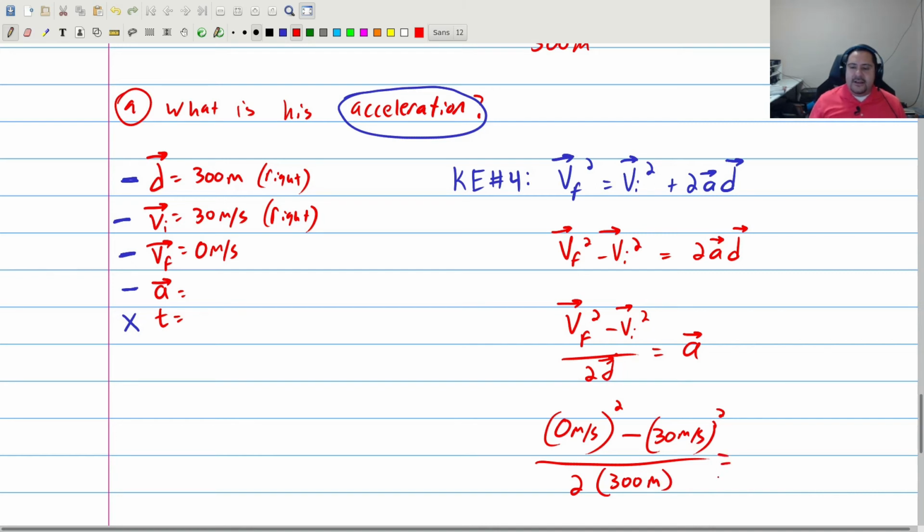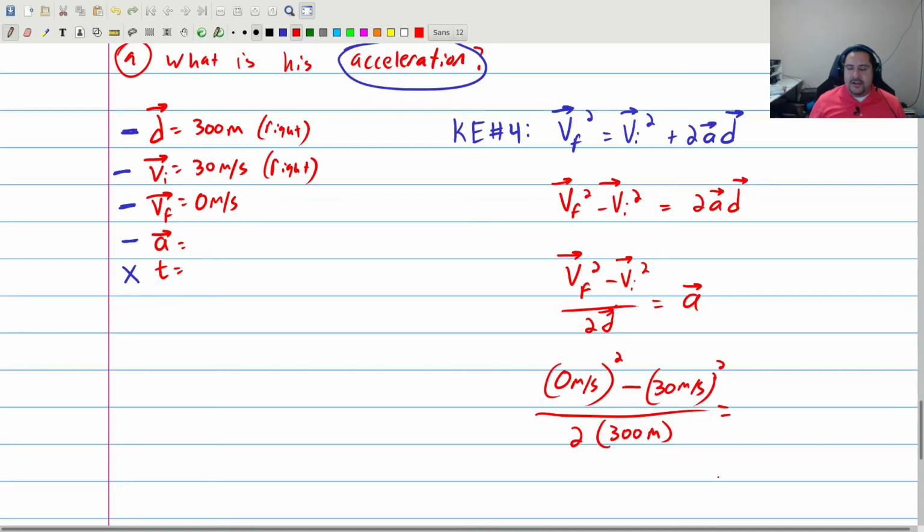Let's see, this is equal to, well, 0 squared is 0. 0 minus, let's see, 30 times 30 is 900 meters per second squared, and squared because both of those got squared, divided by 2 times 300, which is 600 meters.